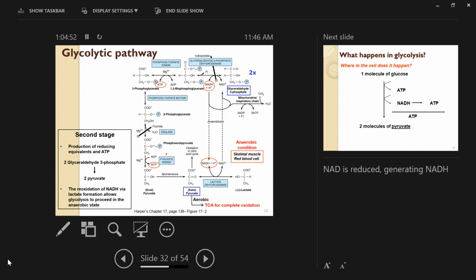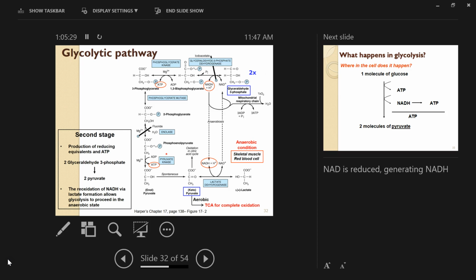Then the second stage is the stage that produces ATPs. It can either produce ATP molecules directly through the so-called substrate-level phosphorylation mechanism, or produce reducing equivalents like NADH during the second stage.